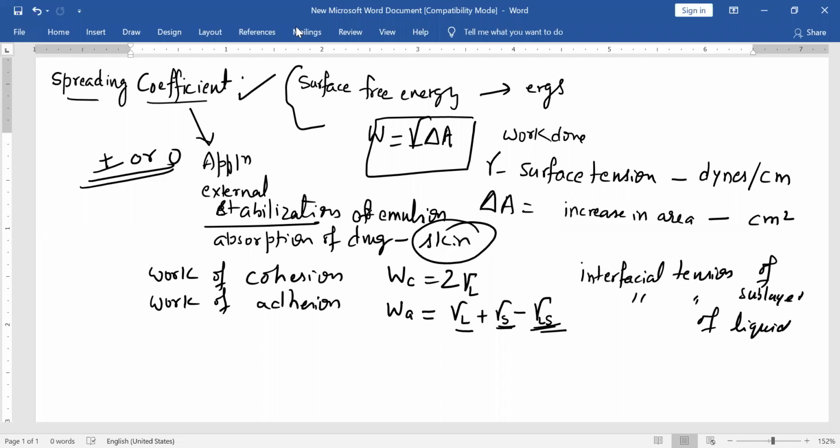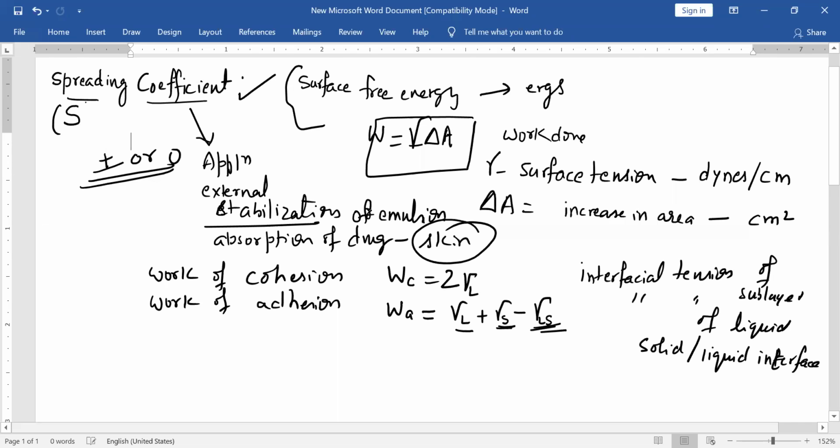That is interfacial tension of solid or liquid interface. So that spreading coefficient is denoted by capital S. That capital S is the difference between work of adhesion and work of cohesion.